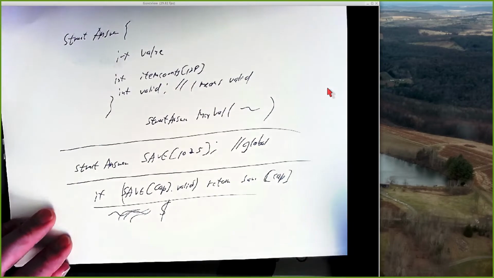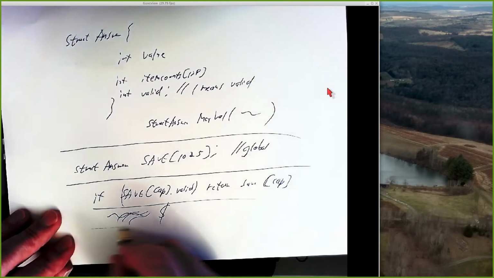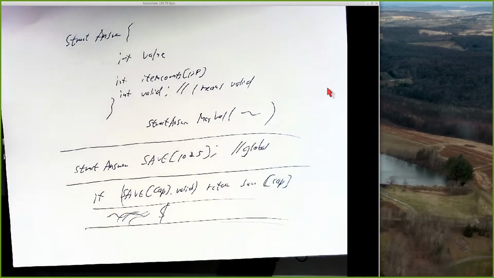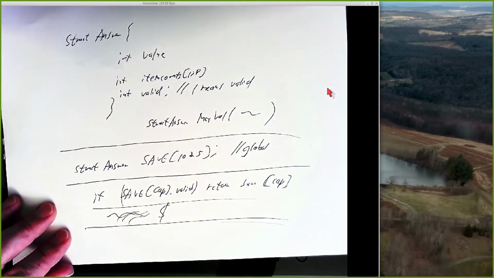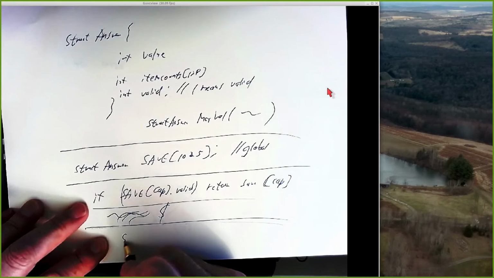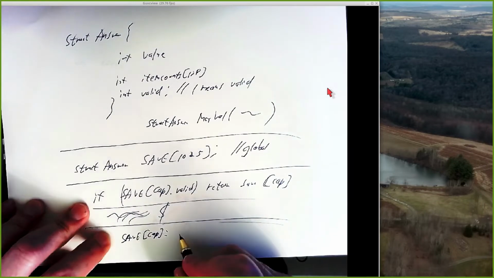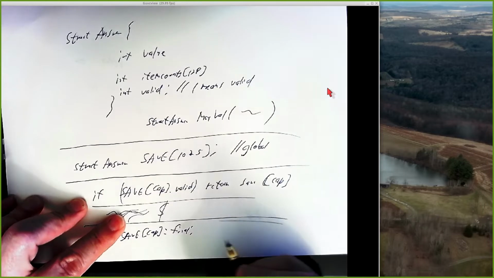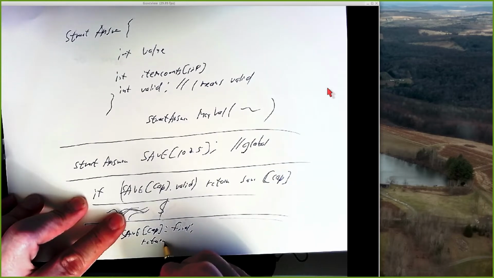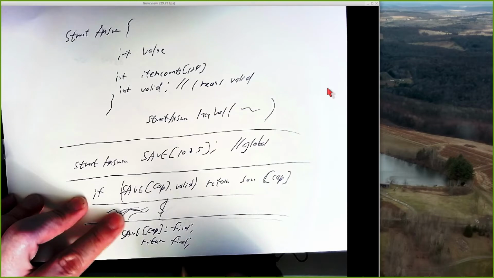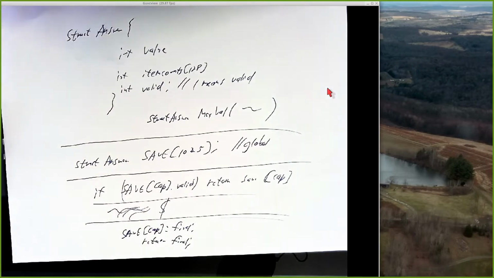Spend all the time and memory doing the recursion, and then at the end, if you have a final answer that you're ready to return, before you return, just save that. save[capacity] equals final, and then return final. Something like that.